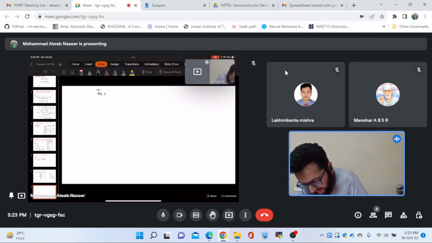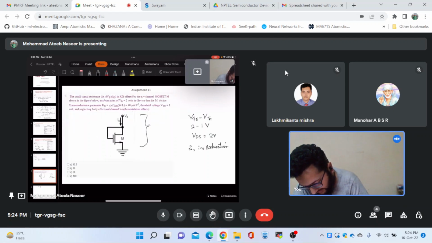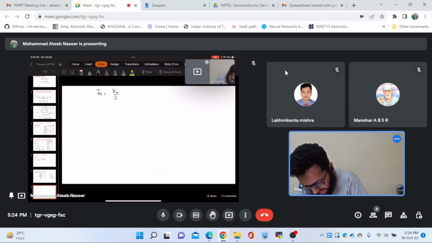Now let's write down the current equation in saturation, which is ID equal to, in terms of this transconductance parameter, Kn by 2 times VGS minus VTH whole square.